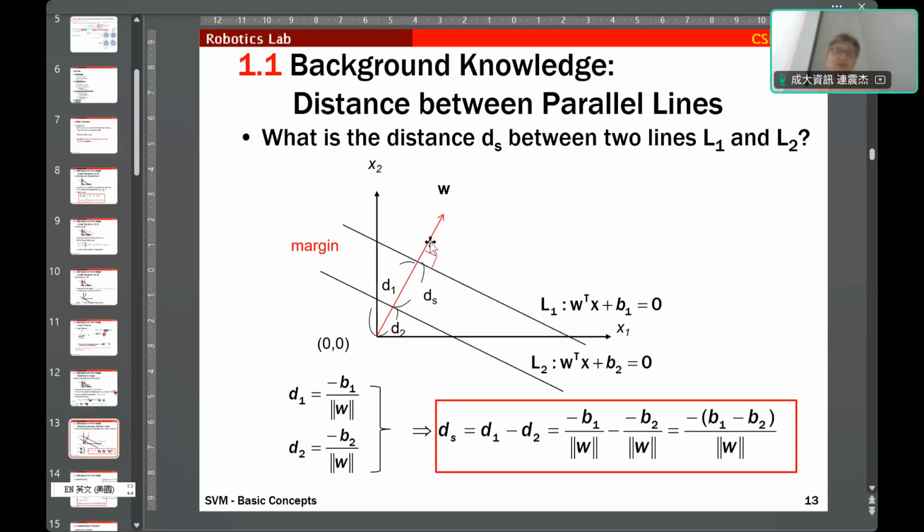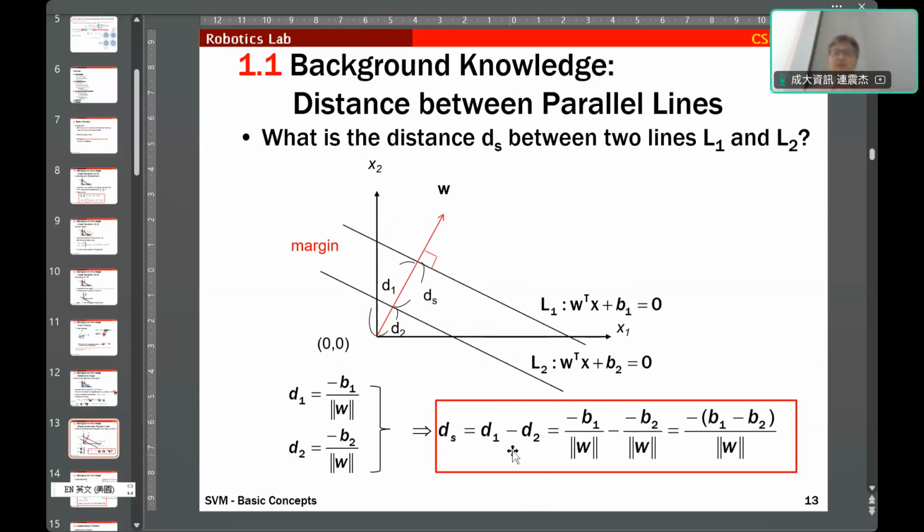It is Ds. Ds equals, along the w, d1 minus d2. Ds is called the margin. The margin is the distance between two parallel lines.